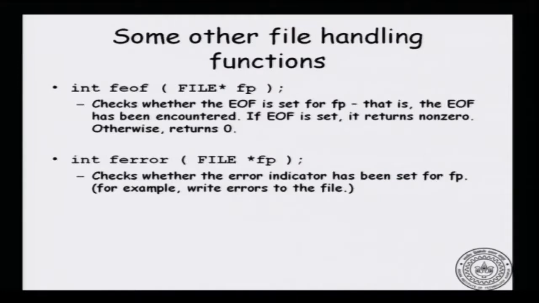For example, you were trying to write to a read only medium like a CD, or you are trying to write to a hard drive and the file system is full. So, there are various errors that you encounter in file operations, and ferror checks for some of these. If the error indicator has been set for FP, then ferror returns a non-zero value, otherwise it returns 0.